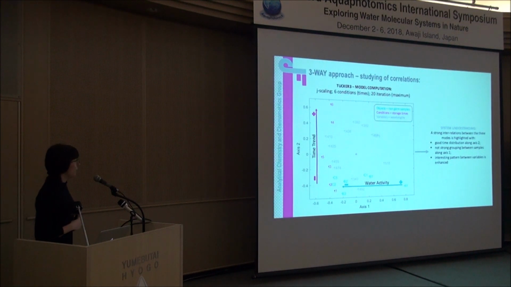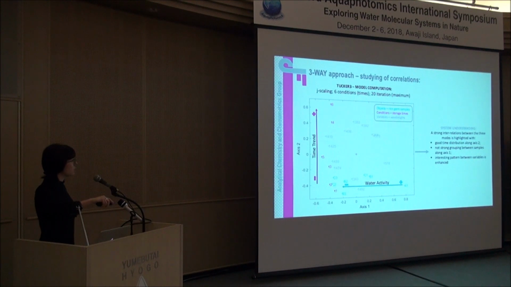This is the last step of the data preprocessing. This is Tucker3 PCA. I don't know if some of you have already applied the three-way approaches, but the idea is to see in a unique orthogonal space the influence of the 3 modes of our system: water activity, time trend, and wavelengths. So it's very evident here that one of the axes of this orthogonal space explains water activity, and the other one explains time trend.